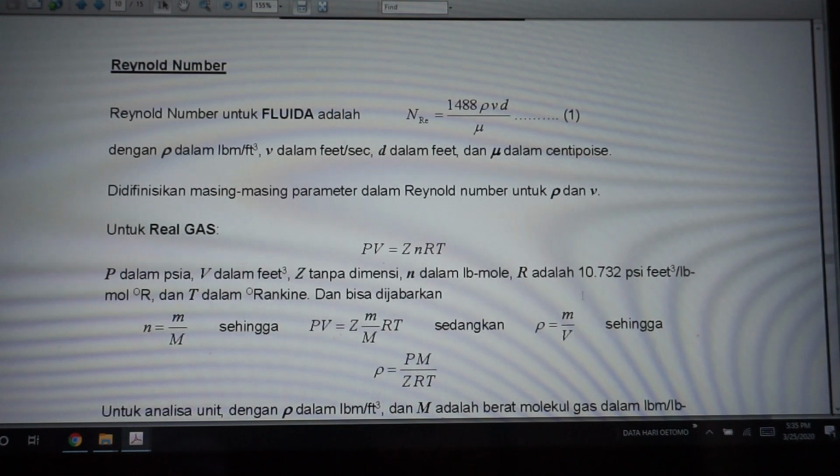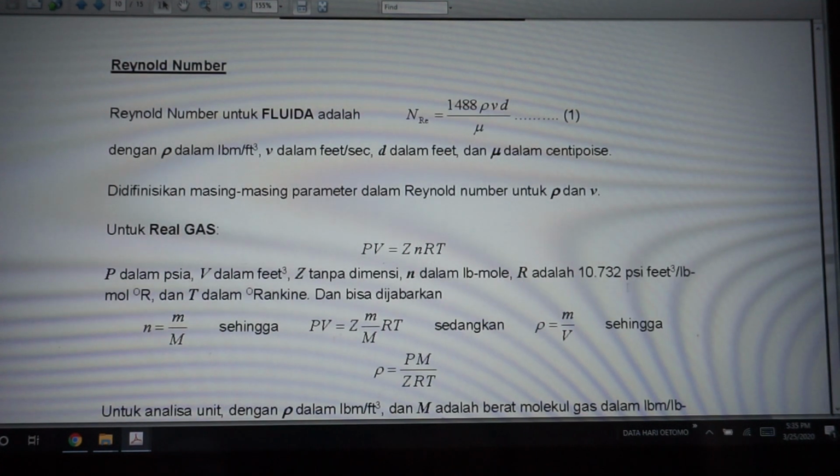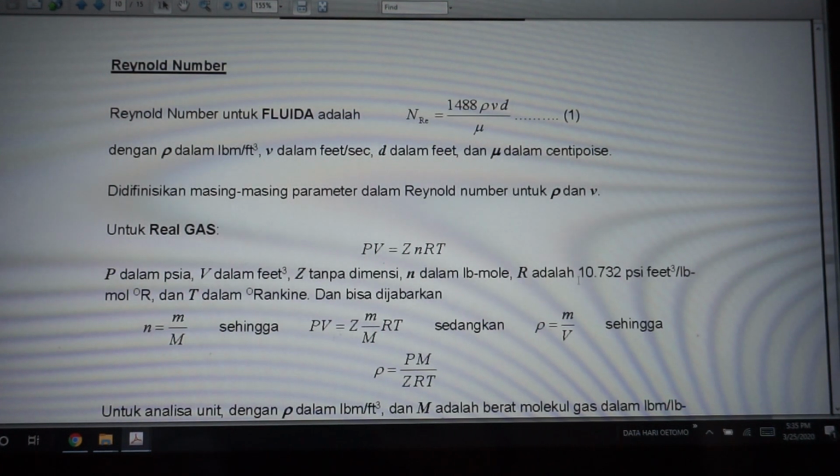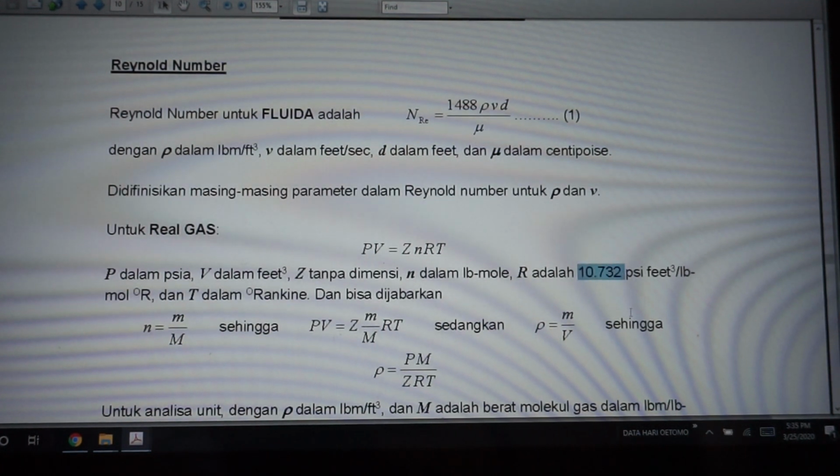Remember that this one is for field units, okay? Do not change to SI units.